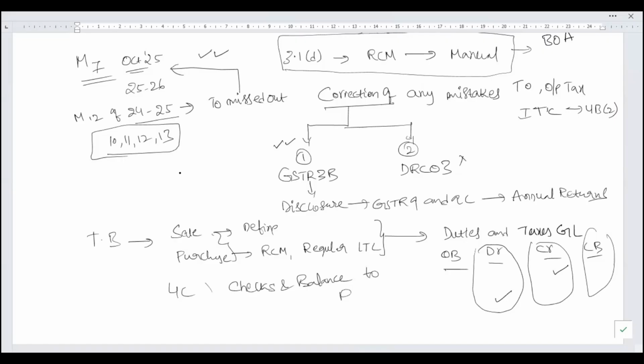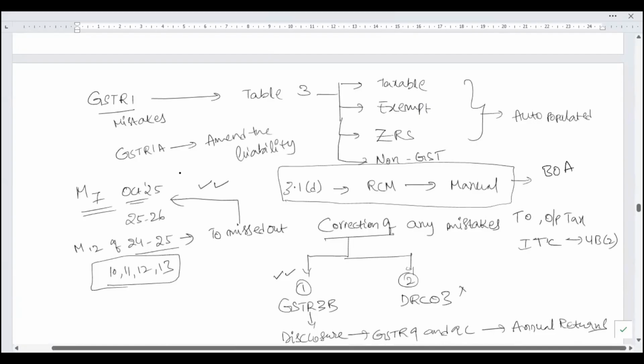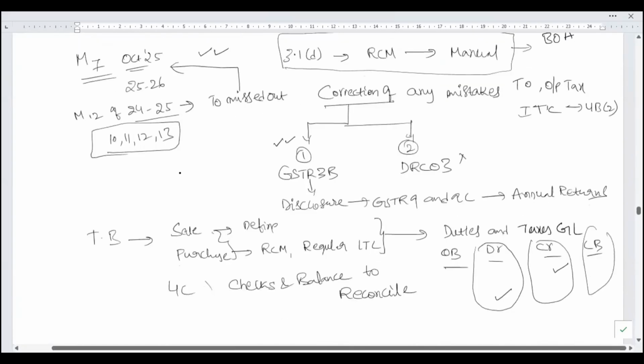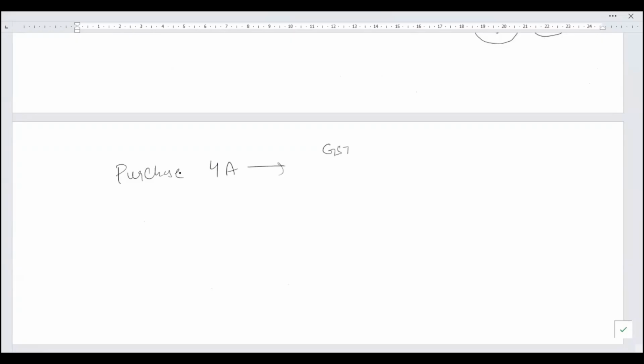to reconcile my figures which are forthcoming into GST returns. With respect to outward supply, GSTR-1 is the source. Now, with respect to purchases, my 4A, the source for this one is GSTR-1, which travels to GSTR-2B.